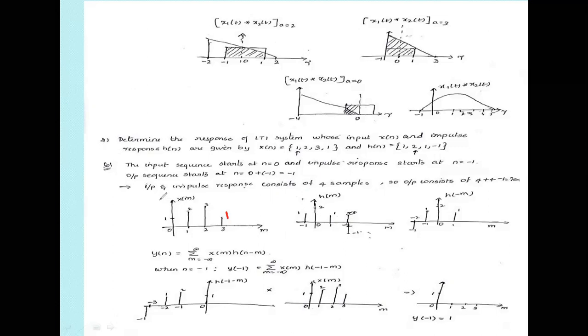Okay, my dear students. There is no change in the x of m, only the folded function you can take. Folded function at 0, minus 1, whatever the value at 2, now you get at minus 2. The value is 1, at 1, the value you get is minus 1. At 0, the value is 2, there is no change in this value.